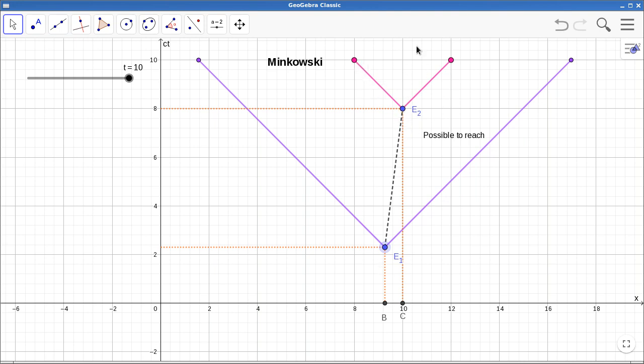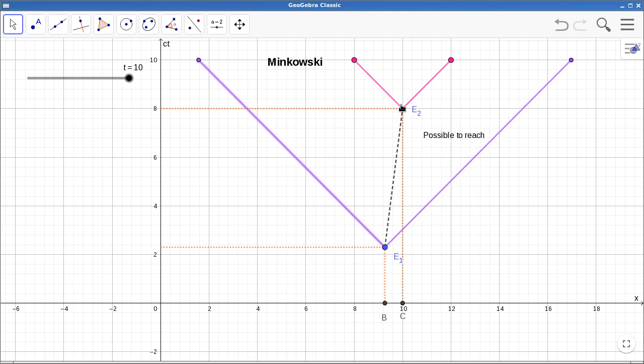So in this case, the world lines of the light emitted by event E2 will not intersect this. Of course, they will go parallel. This purple line and this pink line will go parallel here, and this cone will be inside this blue cone. So this will clarify the problem.